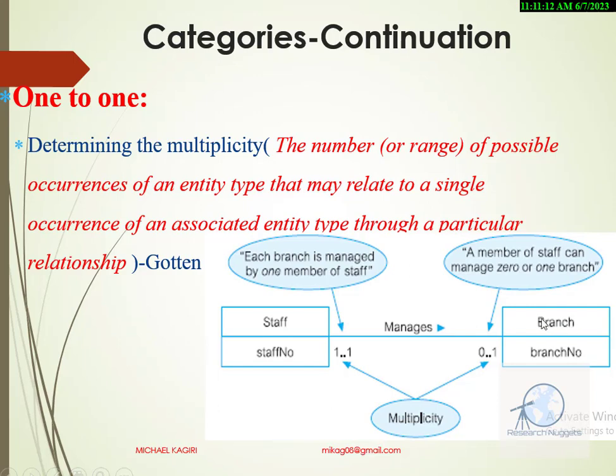And then you come back on this side and you say that a branch can be managed by one staff or one staff. In this given case, a branch must have someone who is managing it, but it's possible to have a staff who is not managing any branch. So always take note of where we are placing this multiplicity.